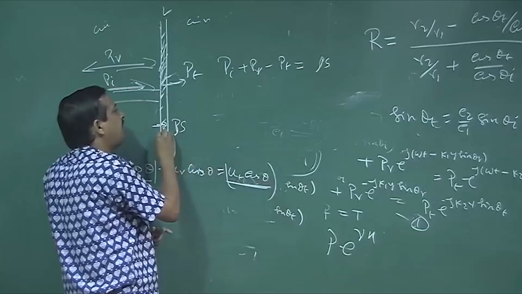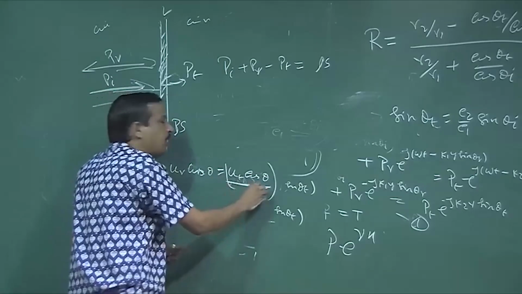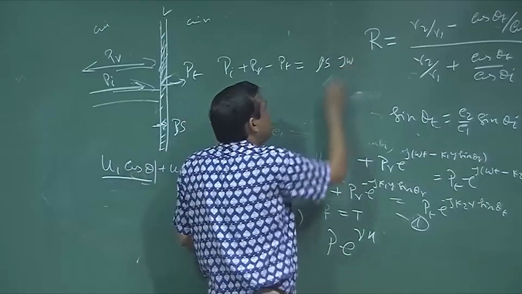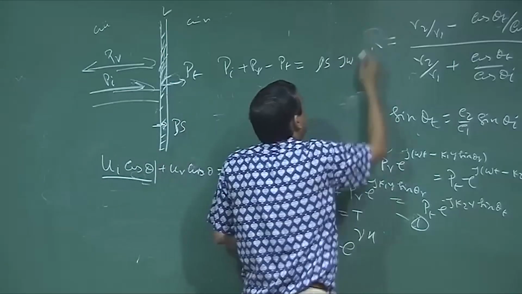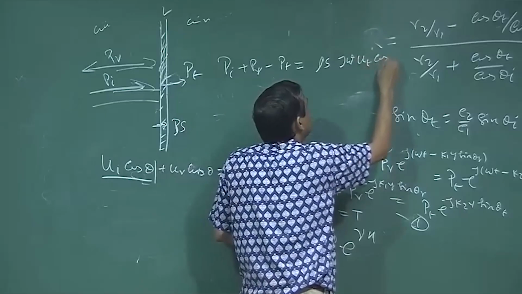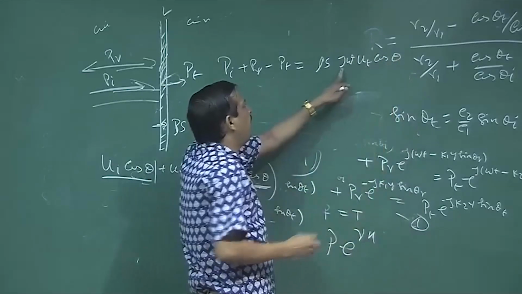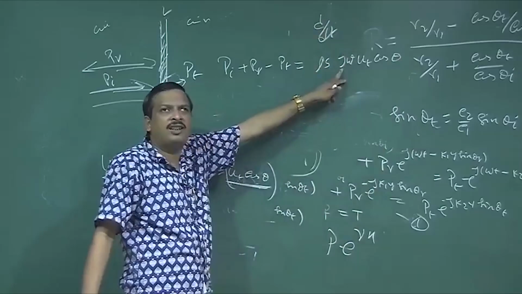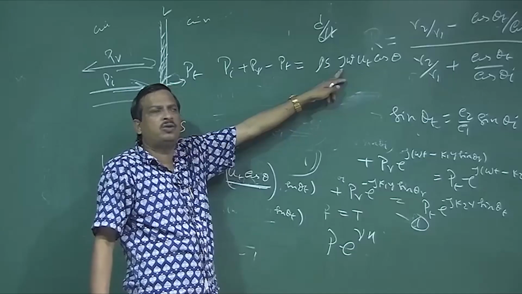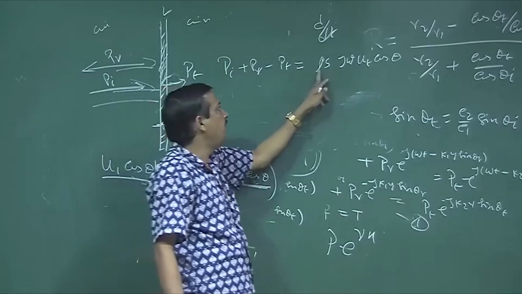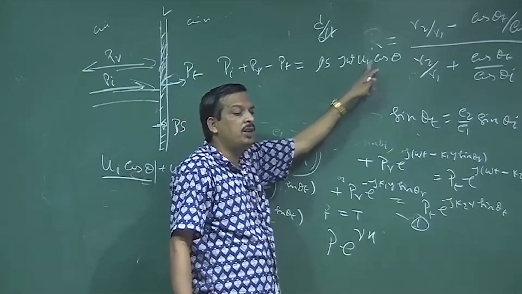Acceleration is the derivative of the velocity, and d by dt is j omega, as we said in the first lecture. So, it is j omega ut cos theta.